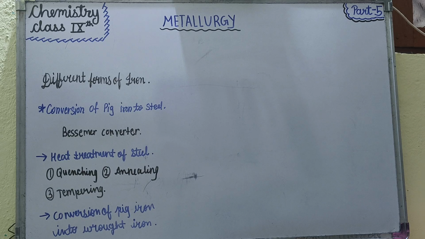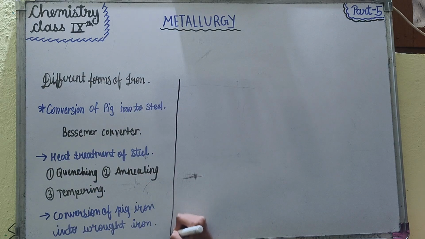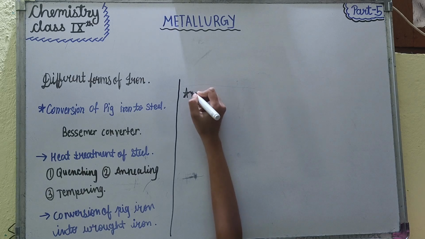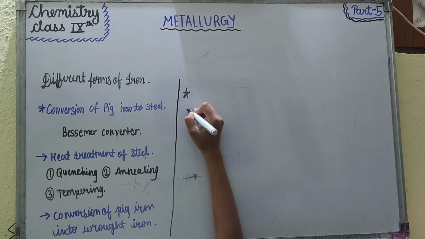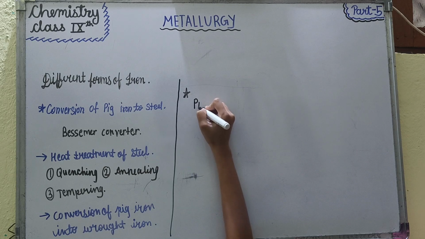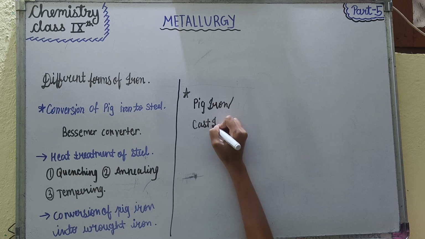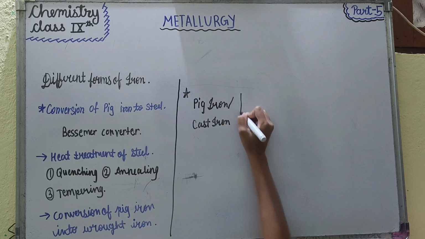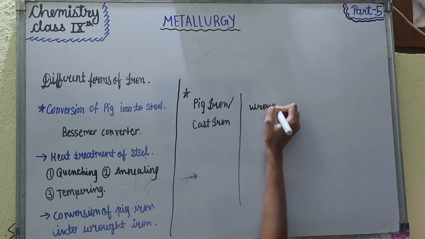Then let us see the physical properties of different forms of iron. First, pig iron, or we can call it cast iron. Second is wrought iron.